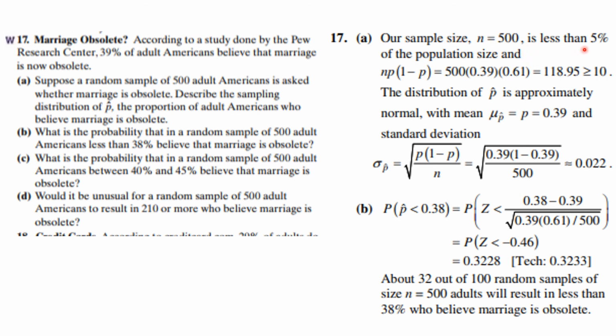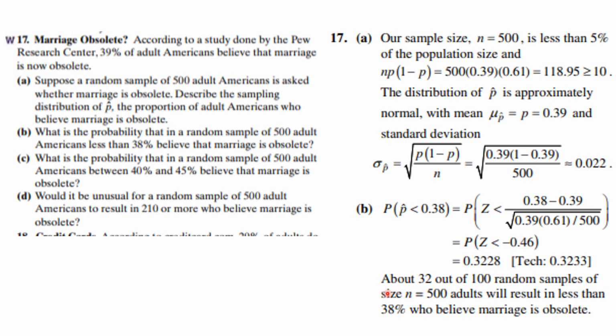Well, the sample size is less than 5%, and this calculation is bigger than or equal to 10. So we know that this distribution of p-hat is approximately normal. We know what the mean is, and we know what the standard deviation is. And in part B, we're asked to find the probability that p-hat is less than 0.38, and we change that to a z-score, and we get 0.3328.